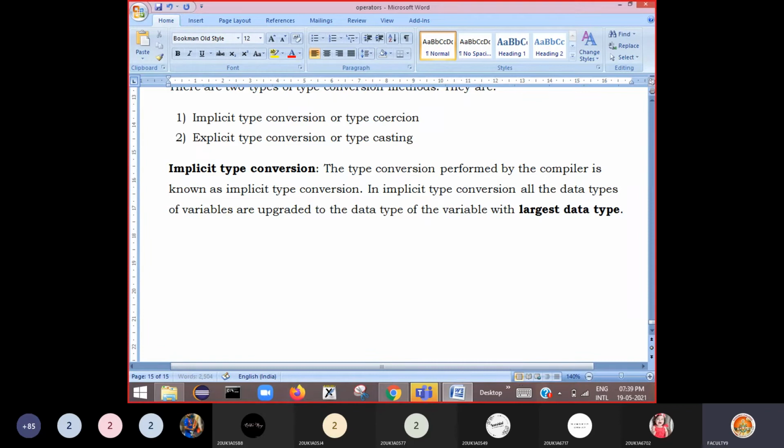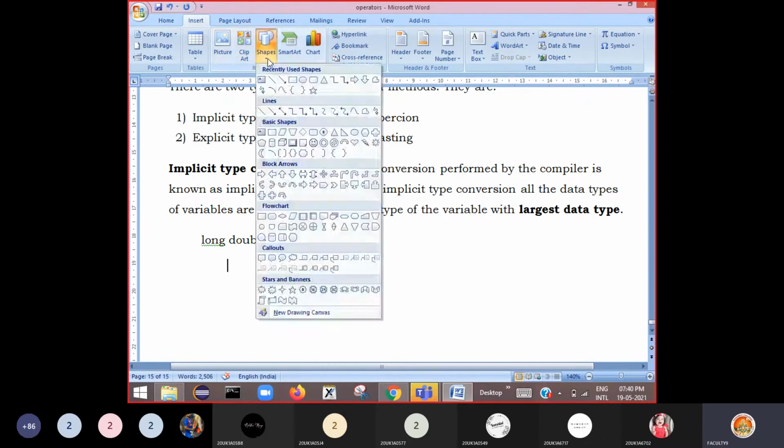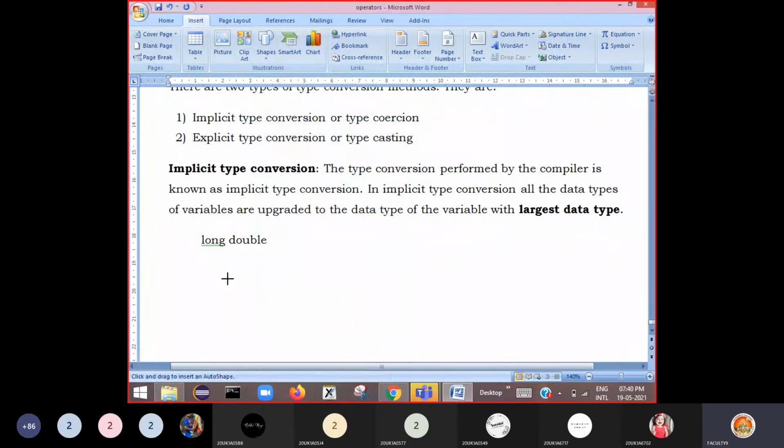Long double is the highest data type here. Now I'll use arrows so that you can see how the variables will be upgraded.